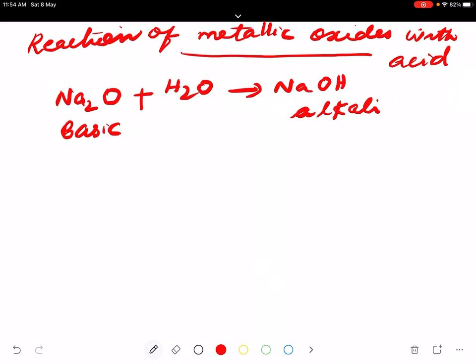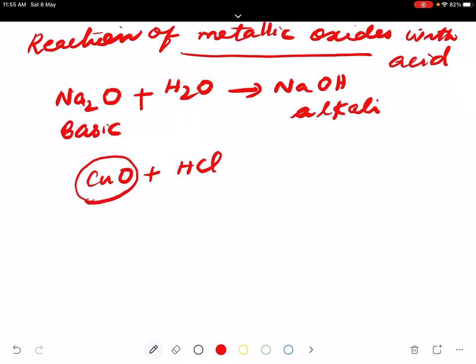So take a small amount of copper oxide, that is CuO, in a beaker and add dilute HCl. Slowly you add while stirring. Note the color of the solution. You will notice that the color of the solution becomes blue-green, and the copper oxide dissolves.